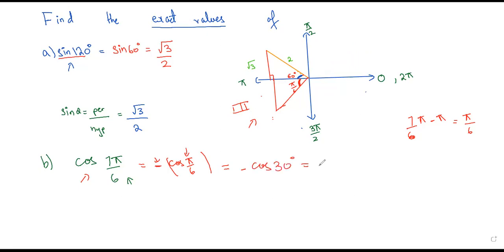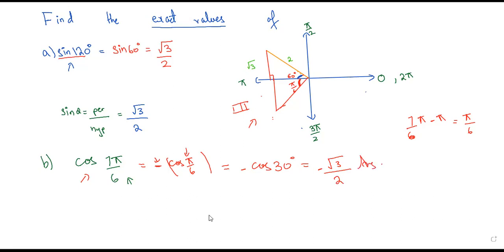So what is the answer? Minus cos 30, it's minus root 3 over 2. That's right. So this would be the answer.